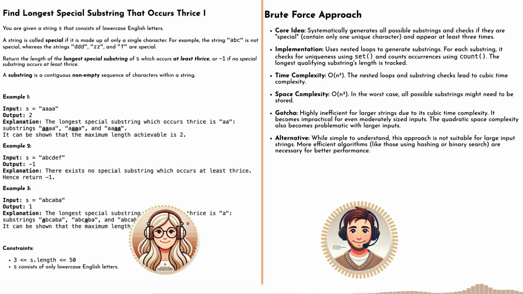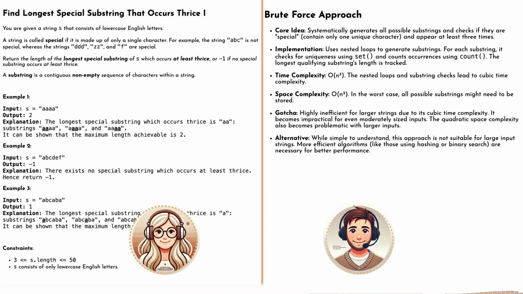Okay, I can see how that would work, but I can also see how it could get really computationally expensive, especially when you start dealing with those super long strings. Oh, absolutely. The number of possible substrings just explodes as the input string gets longer. That's why we usually don't want to use brute force in a real-world situation. But it is helpful when you're first starting out. Yeah, it's a good way to get your bearings.